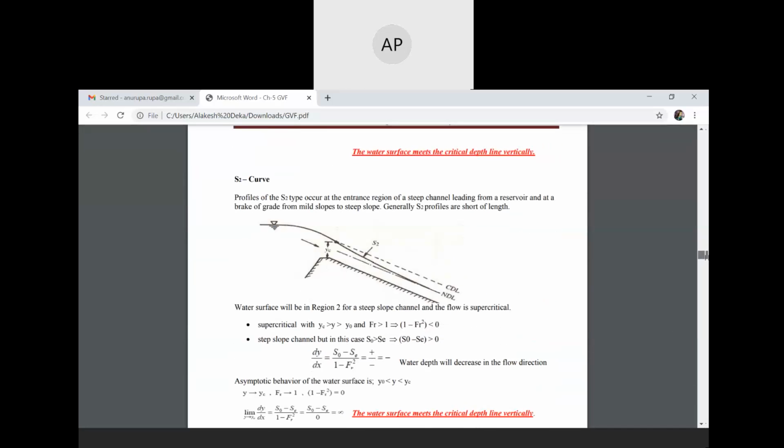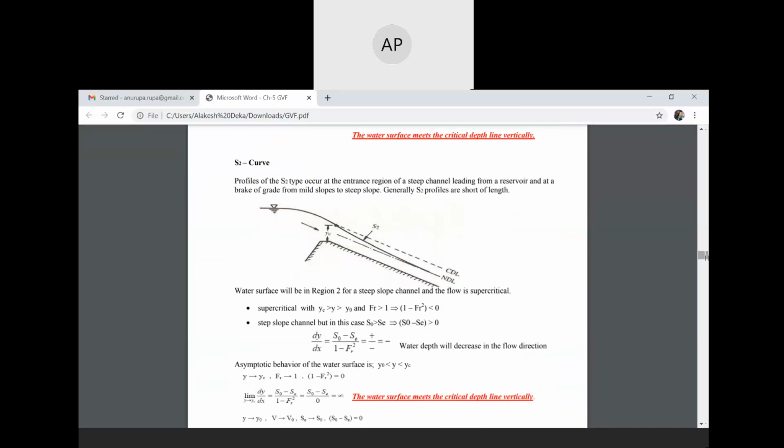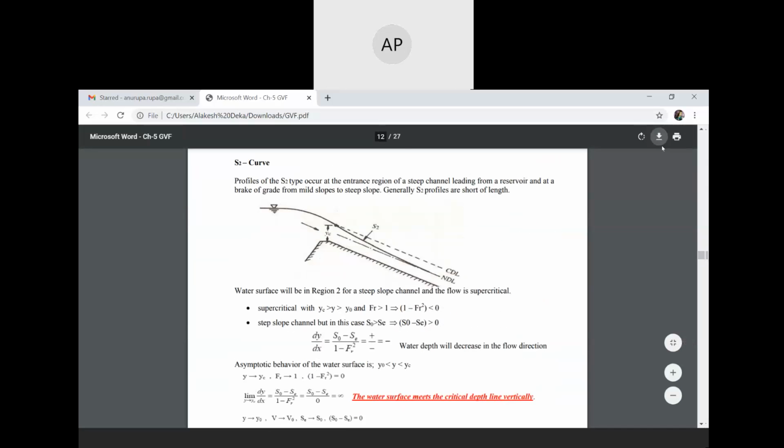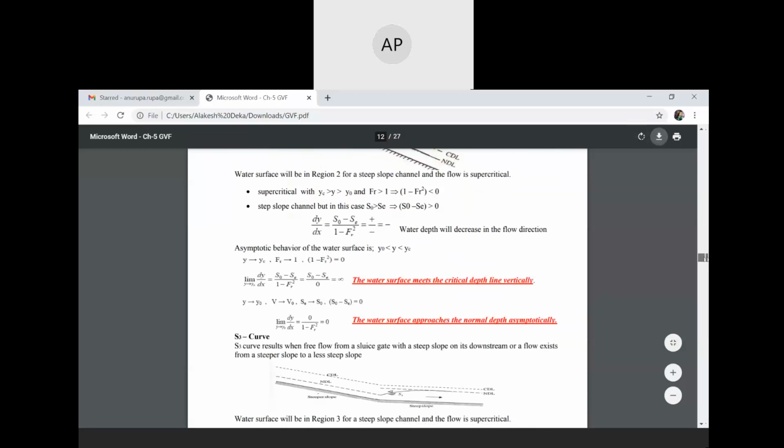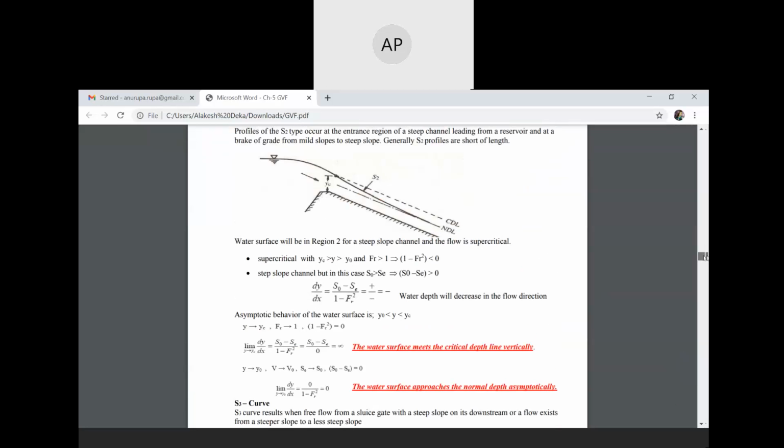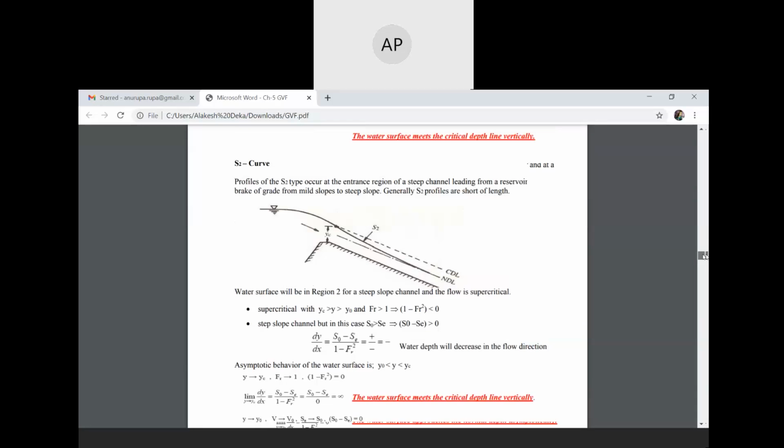This is the condition of S2 profile. Profiles of S2 type occur at the entrance region of a steep slope leading from a reservoir. Suppose it is flowing from a steep slope to a lower slope, then S2 profile exists.